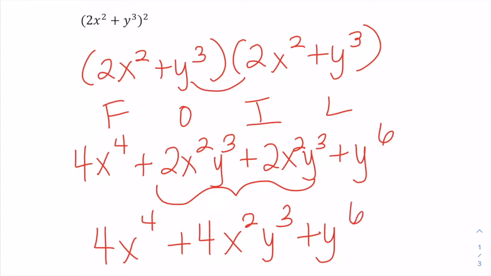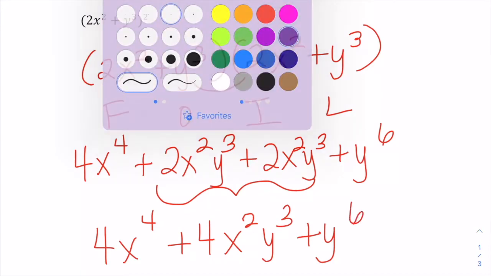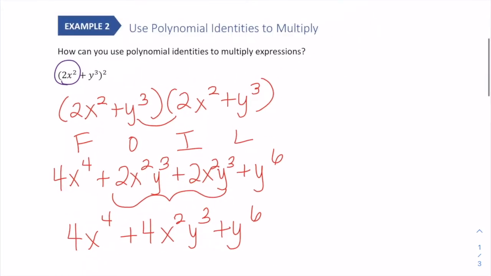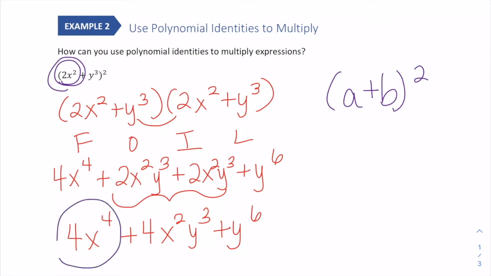Now let's just consider what we're starting with. I'm just going to write this on the side, we have a plus b squared, okay? So we look at this first term here, and when we look at 4x to the fourth, well, that's just a squared.